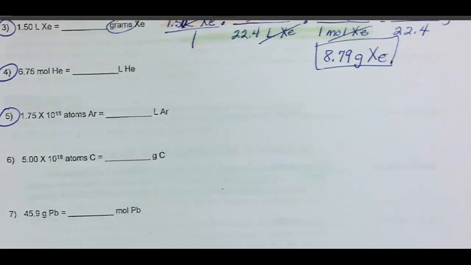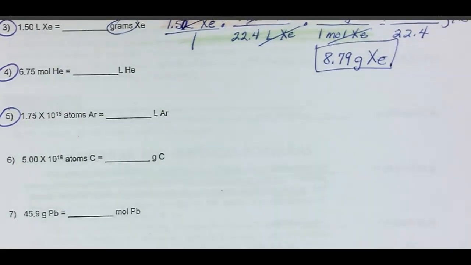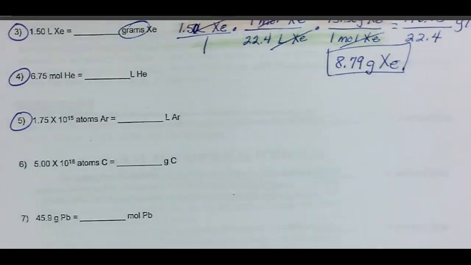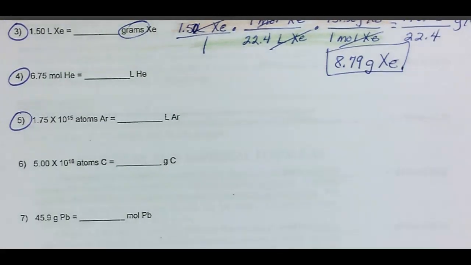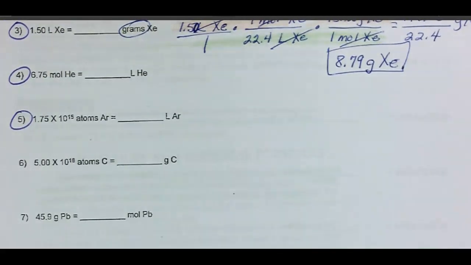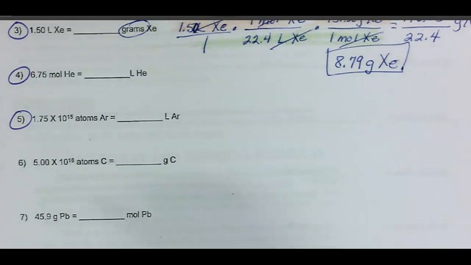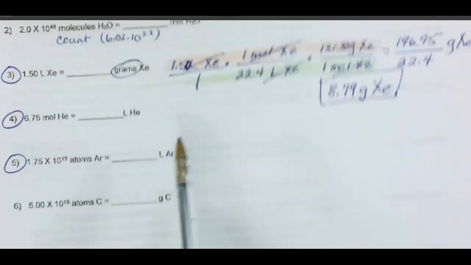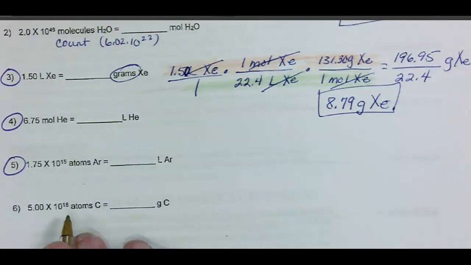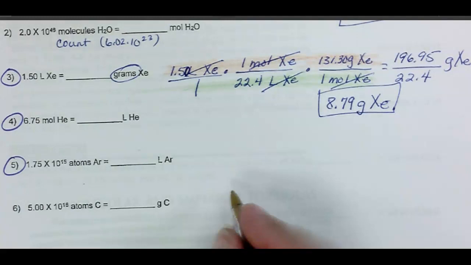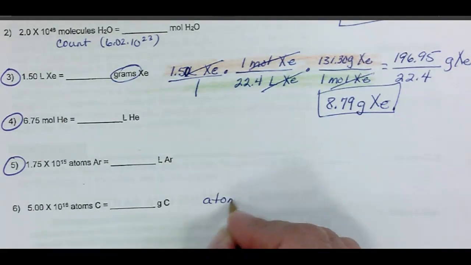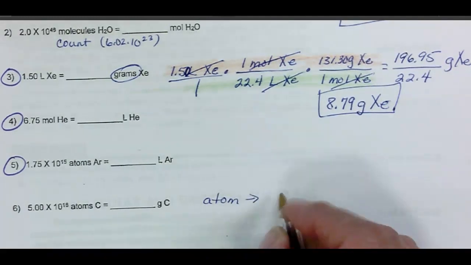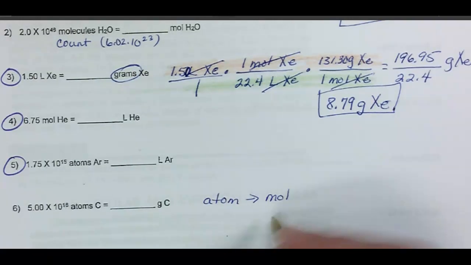I would like for you to try a few of these. It may be that you need to use Avogadro's number. Like this one is in atoms. So we're going to need to go from atoms to moles. That's Avogadro's number.